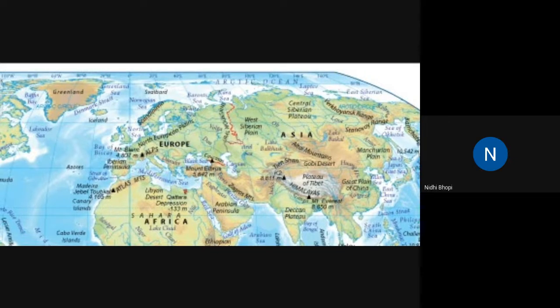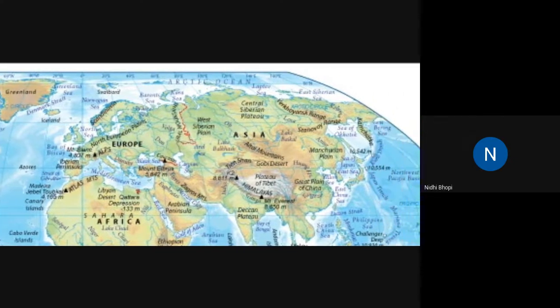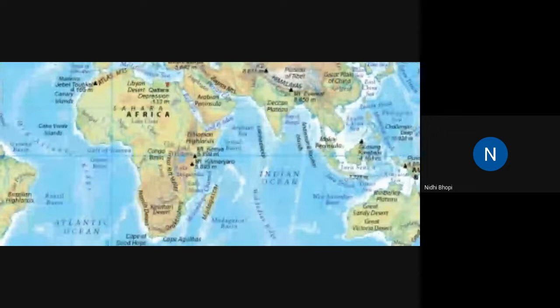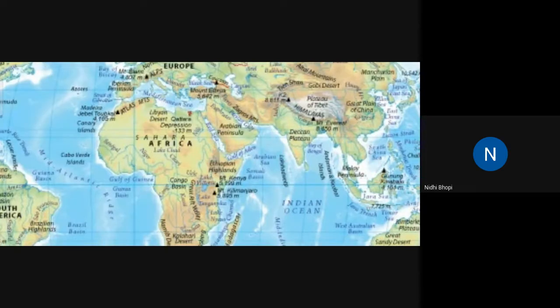Then North Europe is here, isn't it? All these are the mountain ranges we find. We have the Australian highlands, here Australia is there, and hardly any mountain peaks in Africa, only one or two. The most important, these are the mountain ranges.